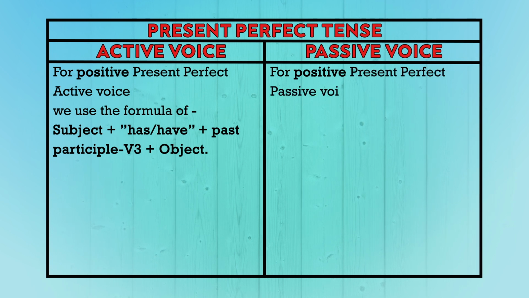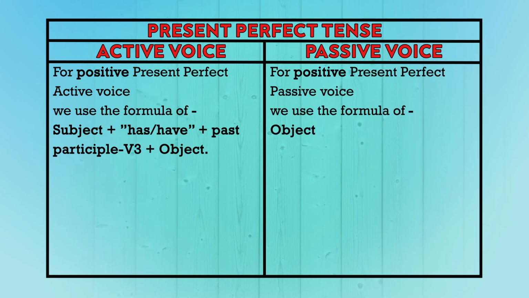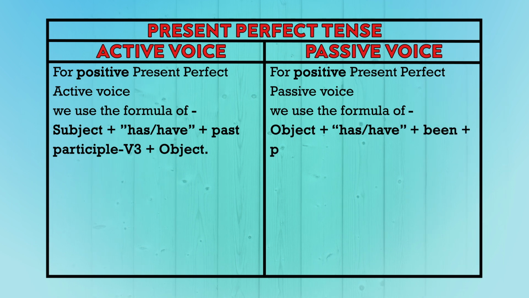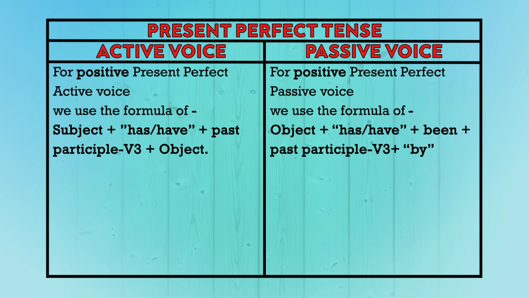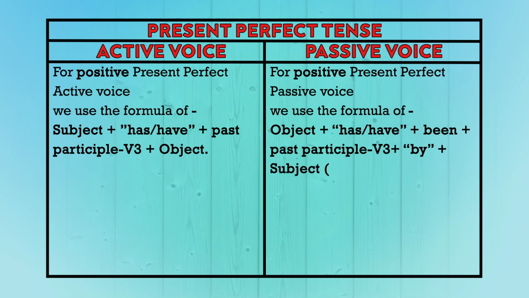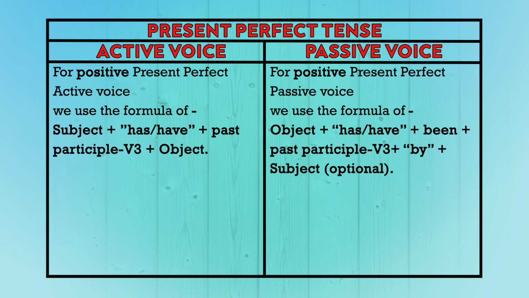When we change it, it is the object plus have or has plus been plus past participle, that is third form of the verb, plus by plus the subject.